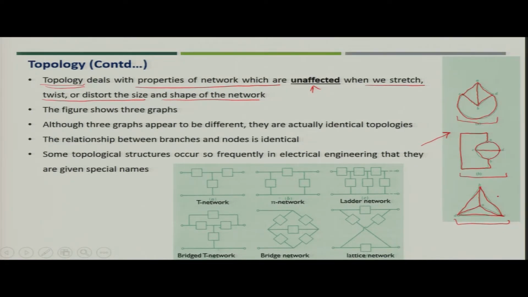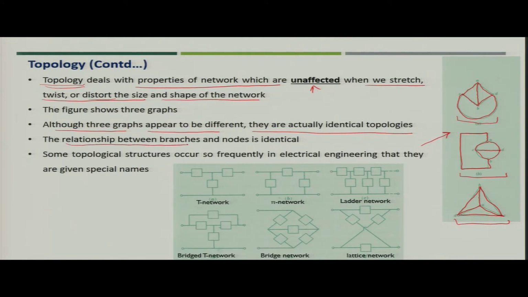So, that is why the topology information is very important, where you can understand the topology configuration of the circuit, and you can stretch, twist or distort that particular circuit in such a way that it is easier for you to analyze. So, although the three graphs which we discussed are different, they are actually identical topologies.